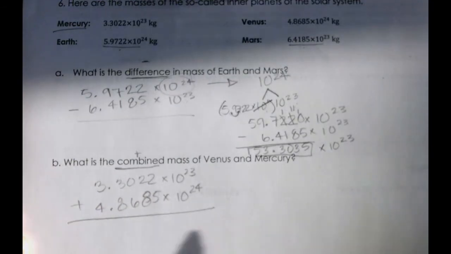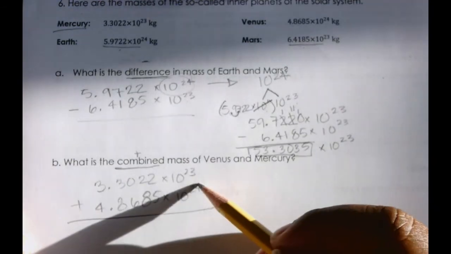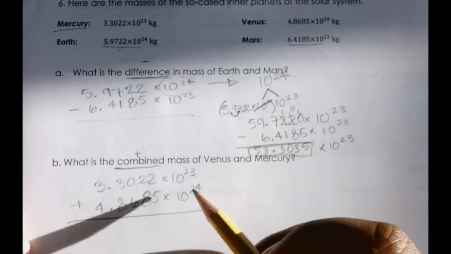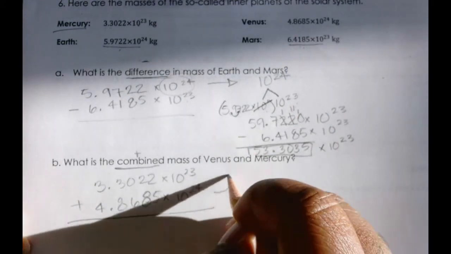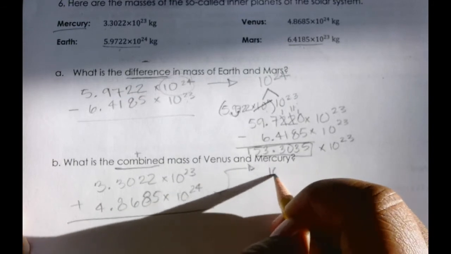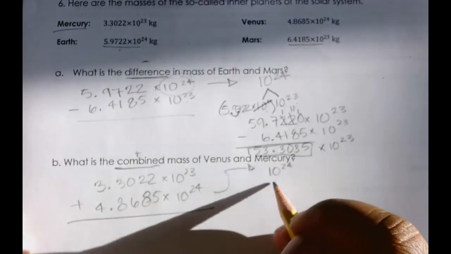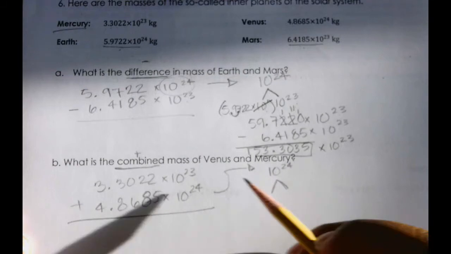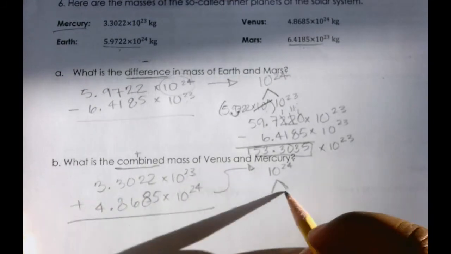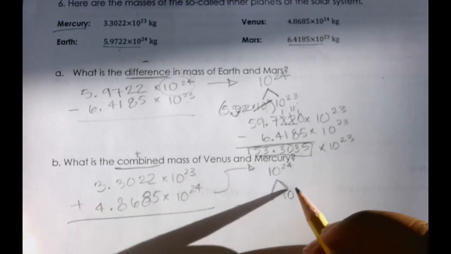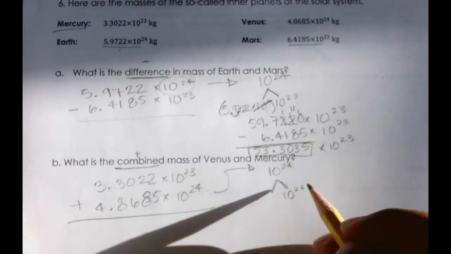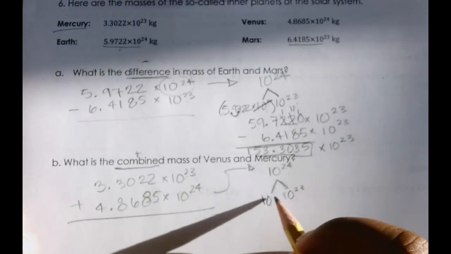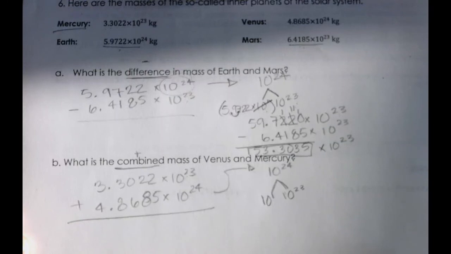Now again, I have that issue of these two exponents not being the same. I'm going to go ahead and break down that 24th power again. I'm going to break that down into 10 to the 23rd power, because remember I want that to be the same as whatever exponent I'm keeping. And then 24 minus 23 is going to be 10 to the first power.